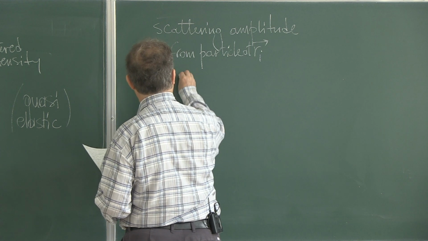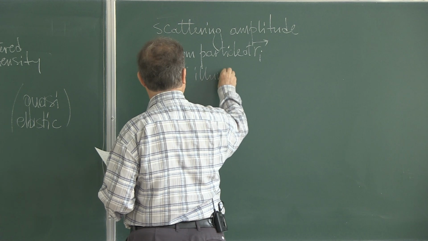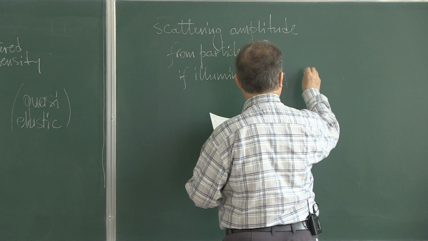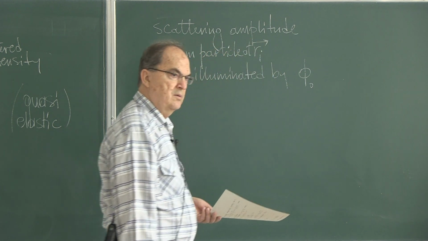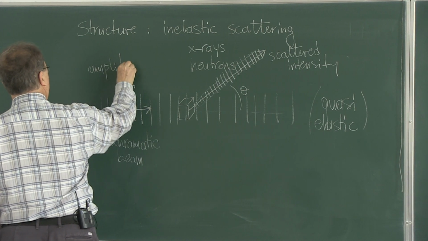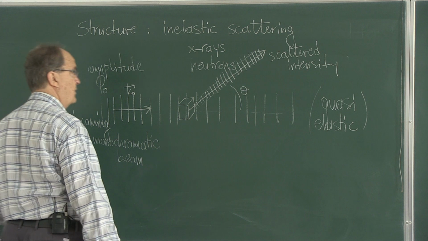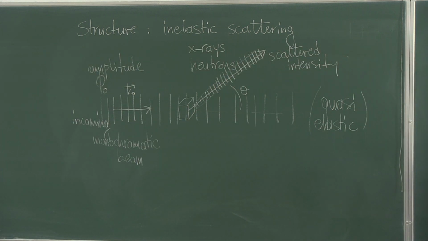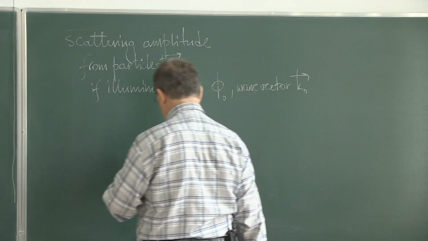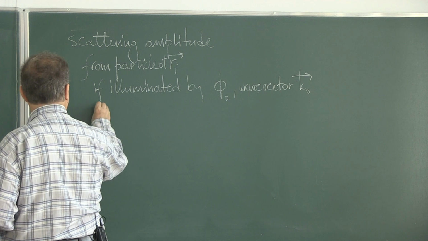If it is illuminated by an incoming beam with amplitude phi 0, wave vector k0 of the incoming beam, where is it going to scatter?